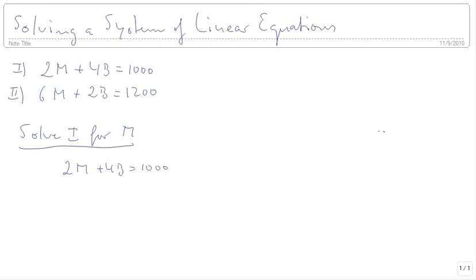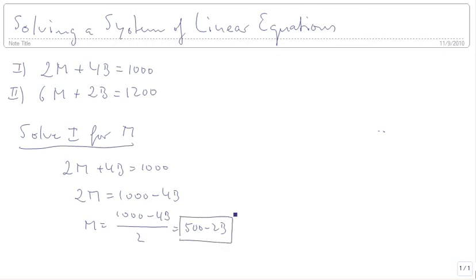To do that, I simply solve 2m is equal to 1000 minus 4b, and that makes m equal to 1000 minus 4b divided by 2, which makes m equal to 500 minus 2b.